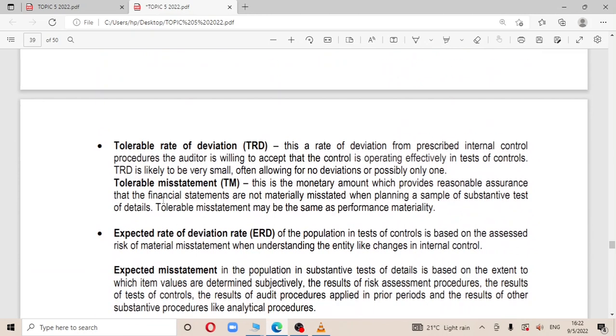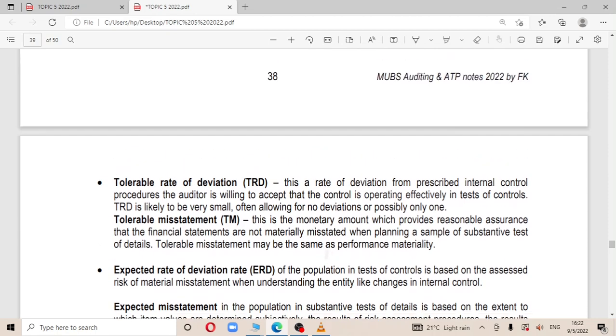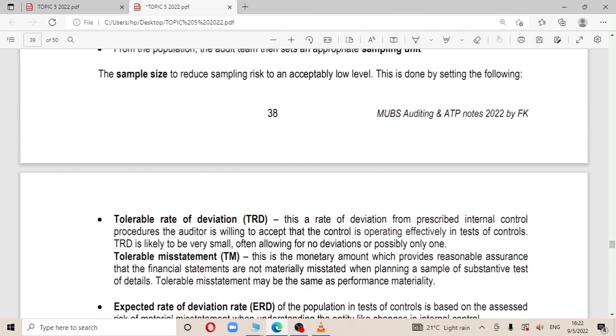If you are selecting the sample size, one of the things you look at, you must set your tolerable rate of deviation. Tolerable rate of deviation, TRD, means the rate of deviation from the prescribed internal control procedure the auditor is willing to accept. If somebody has deviated from the correct internal control, for example, one of the controls is documentation.